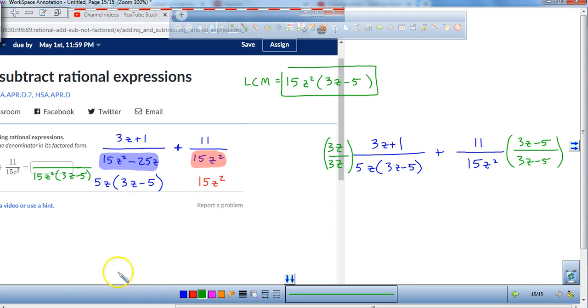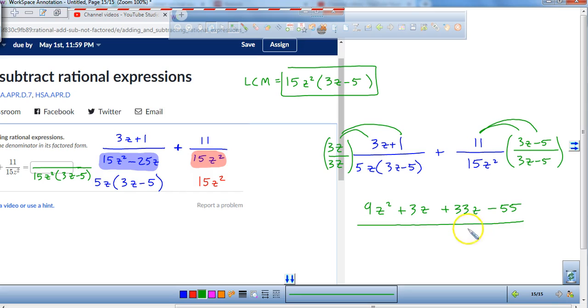Once we're done with that, all we have to do is distribute. 3z times 3z is 9z squared, and 3z times 1 is 3z. 11 times 3z is a positive 33z, and 11 times a negative 5 is negative 55. Now that's going to be all over the common denominator, which is 15z squared, parentheses 3z minus 5.